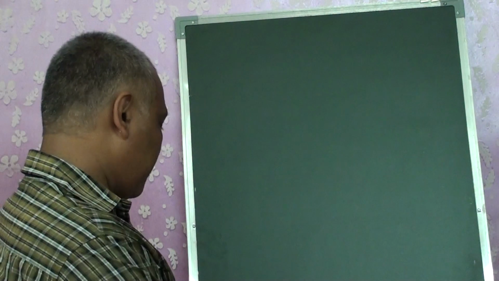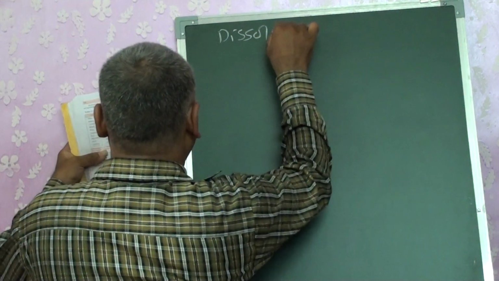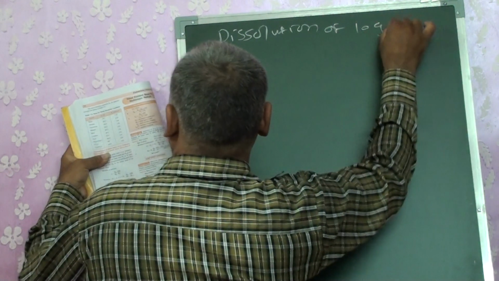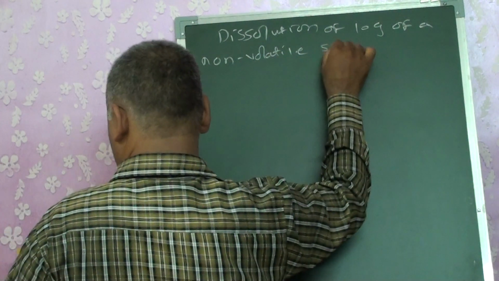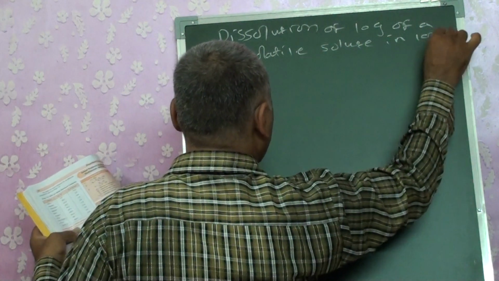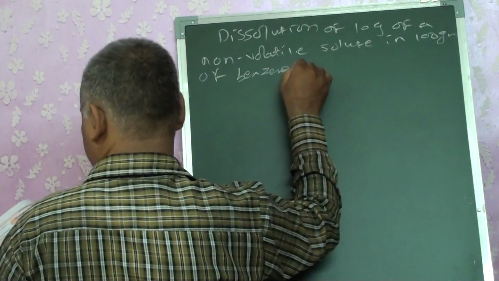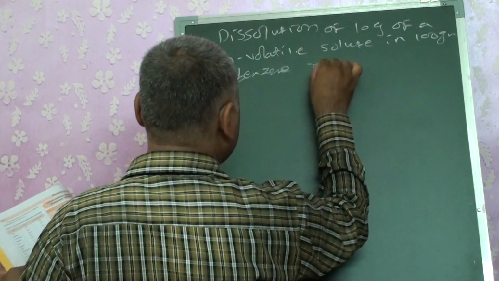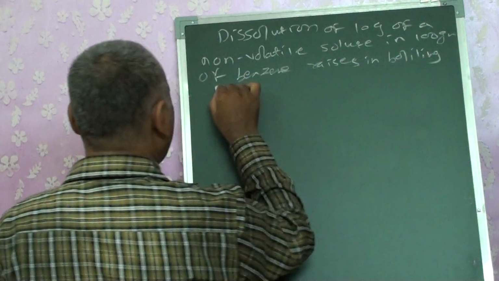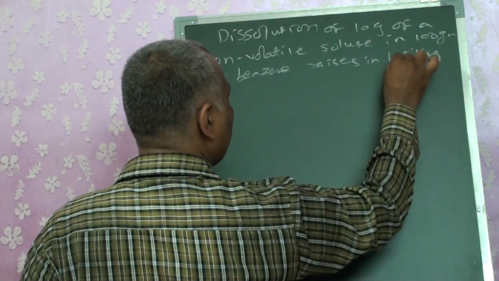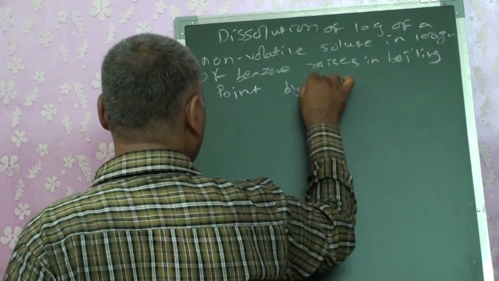We have been given one of the numericals. Dissolution of 10 gram of a non-volatile solute in 100 gram of benzene raises the boiling point by 1 degree.